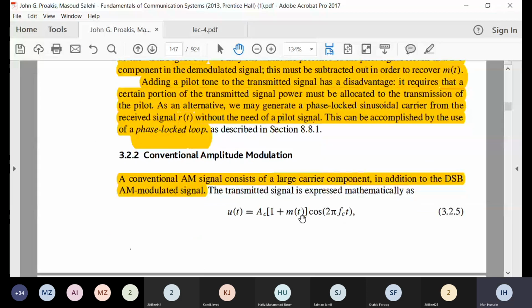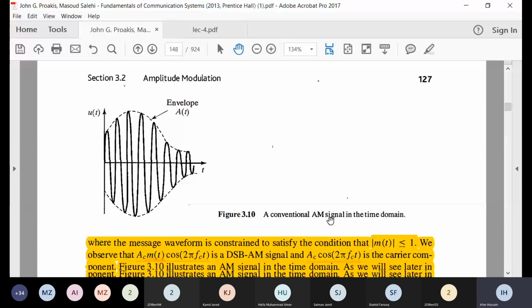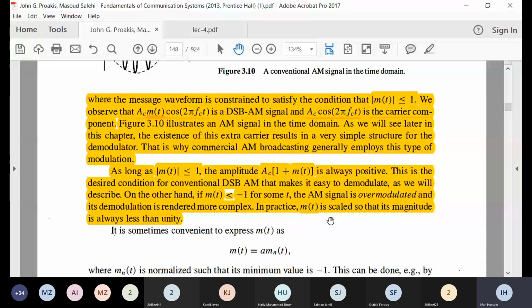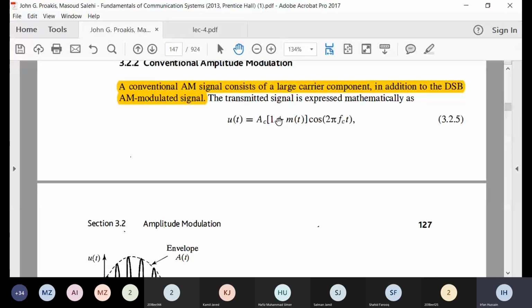So it is mathematically represented as follows. We have m of t plus 1, times A_c cos 2 pi f_c t. So actually what is happening, you can see this will be A_c cos 2 pi f_c t and the signal will be A_c m(t) cos 2 pi f_c t.